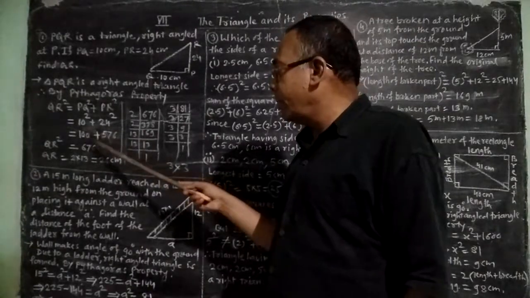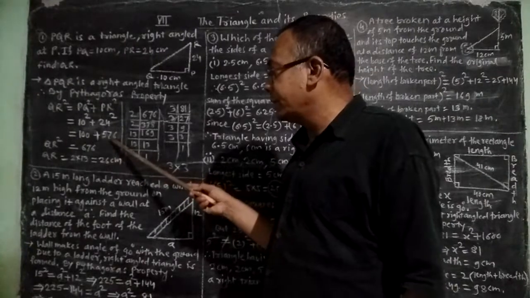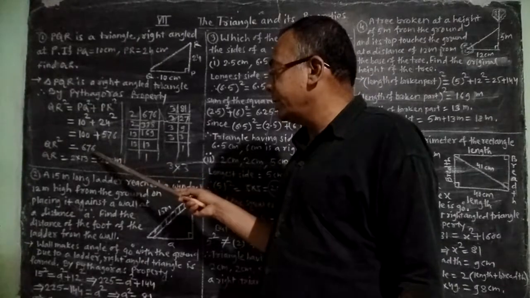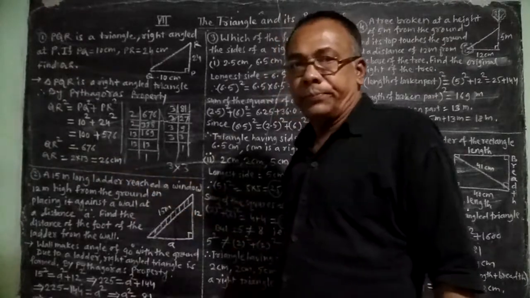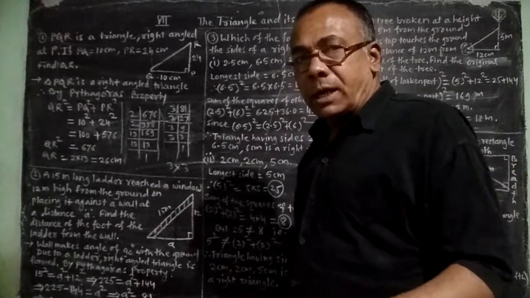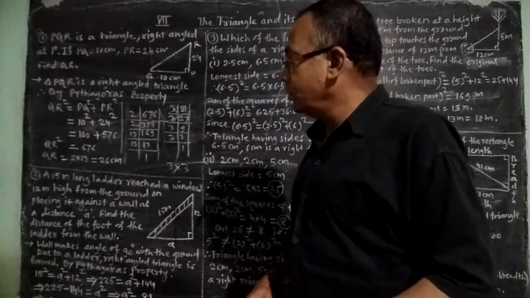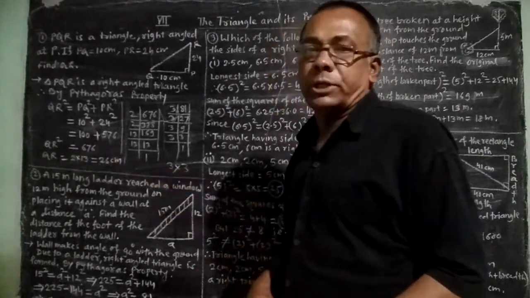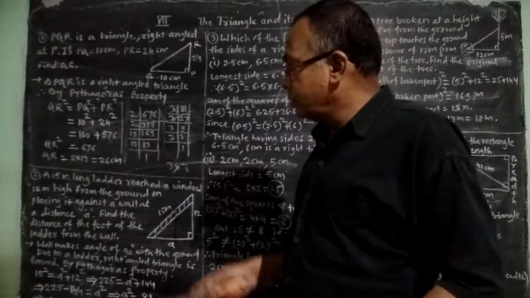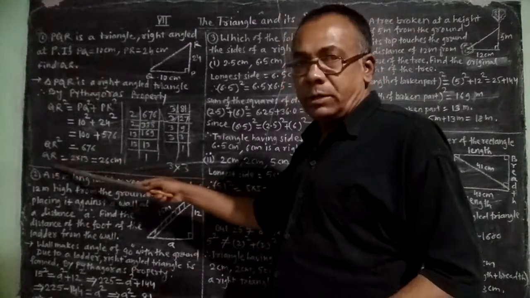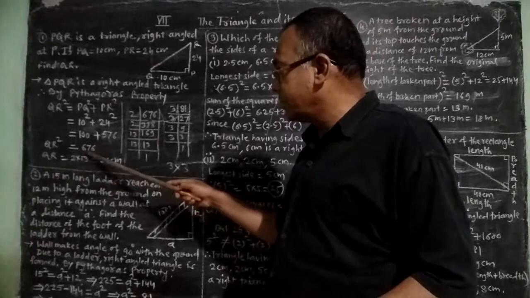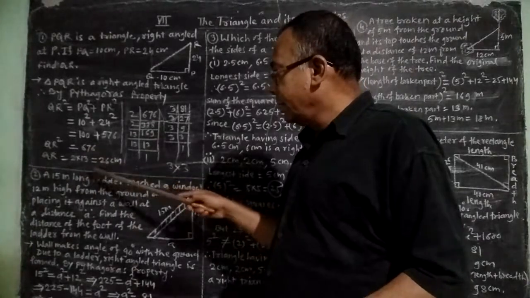And the sum of 100 and 576 is 676, and that is equal to QR square. But we are asked to find the length of QR, not QR square. So we have to take the square root on both sides. So the square root of QR square is QR, and the square root of 676 is 26.